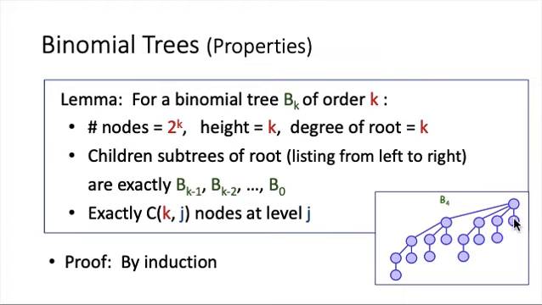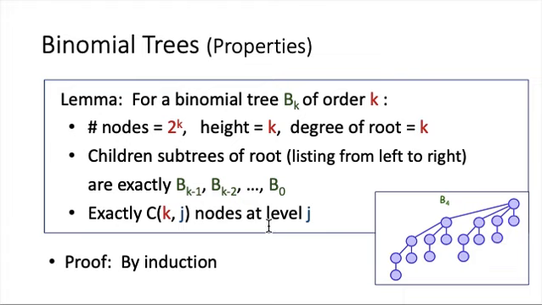This one is the root of a B0, this one is the root of a B1, this one is the root of a B2, and this one is the root of a B3. So if we list the children of the root from left to right, we will see a Bk minus 1 here, then a Bk minus 2, and so on up to B0. Okay?